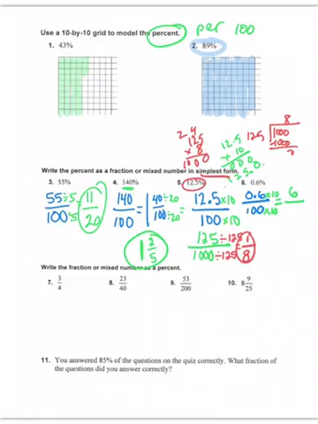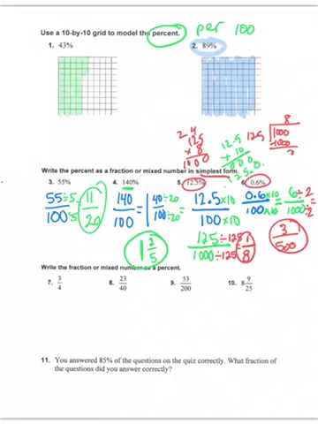And when I multiply 100 times 10, I get 1,000. This looks like a good fraction, but I need to simplify still. So I'm going to divide both of these numbers by 2, and I would get my final answer of 3/500.